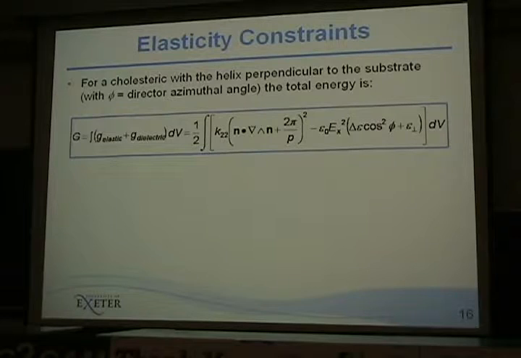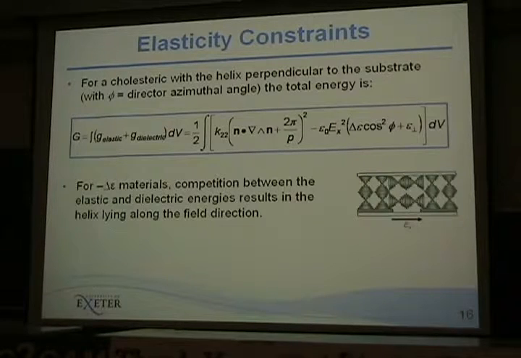So the last thing we want to do is actually model this. So using a very simple model, you can see straight away, considering the elastic energies of a cholesteric structure, that because of the sign dependence on delta epsilon, when you've got a negative material, this equation is always going to be minimized with the helix lying parallel to the electric field, so that the helix has to form in this direction, and the bits above the electrodes are just going to add boundary conditions to our structure.